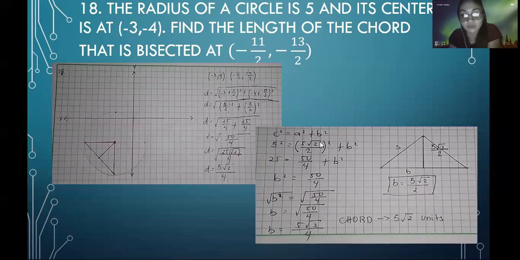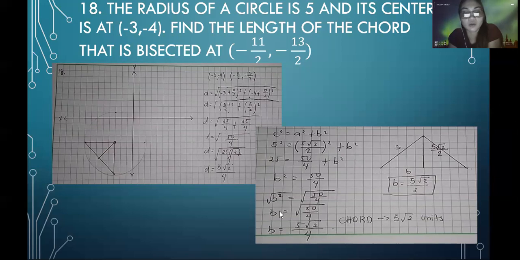Then 5 square root of 2 over 2 squared is equal to 50 over 4. Then copy b squared. So transpose 50 over 4. So b squared is equal to 25 minus 50 over 4. Then take the square root of both sides, so b is equal to square root of 50 over 4.